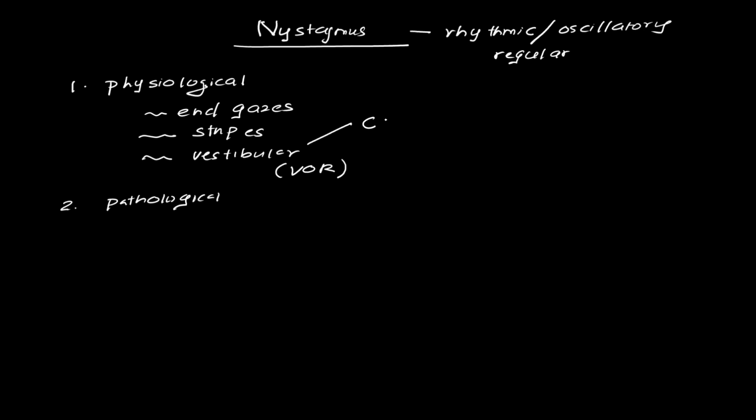And if you are pouring warm water, the fast phase of the nystagmus will usually be to the same side. So there comes our mnemonic, which you might already have come across in your physiology.